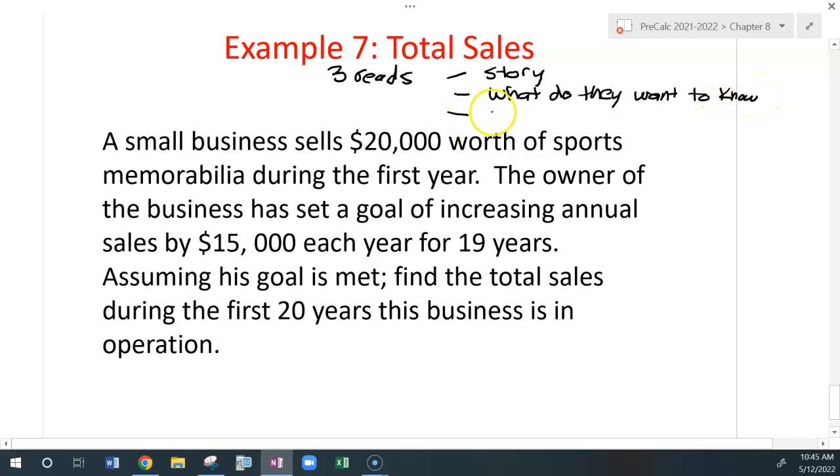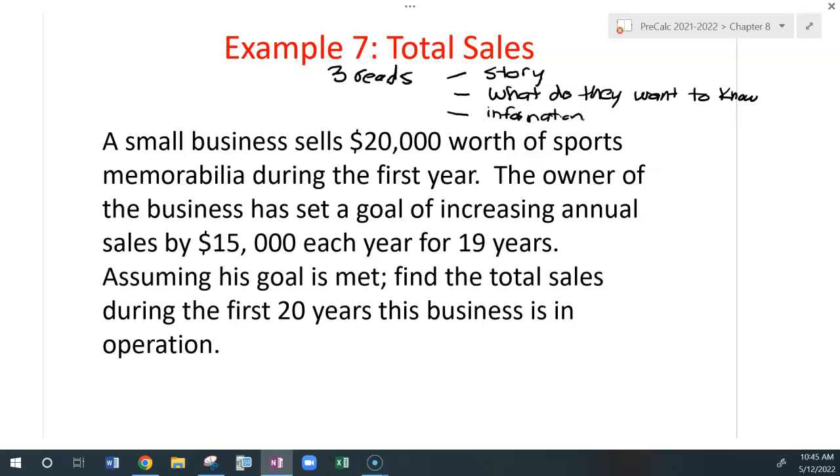And the third read is for the information. These ones, they can be challenging for students. And the reason is you don't even know what they want you to do until you get to the end of the problem. And by the time you've got to the end, you've forgotten the information. So that's why you're going to read it 3 times.